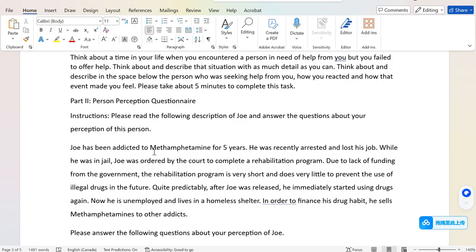Due to lack of funding from the government, the rehab program is very short and does very little to prevent the use of illegal drugs in the future. Quite predictably, after Joe was released, he immediately started using drugs again. Now he's unemployed and lives in a homeless shelter. In order to finance his drug habit, he sells methamphetamines to other addicts.